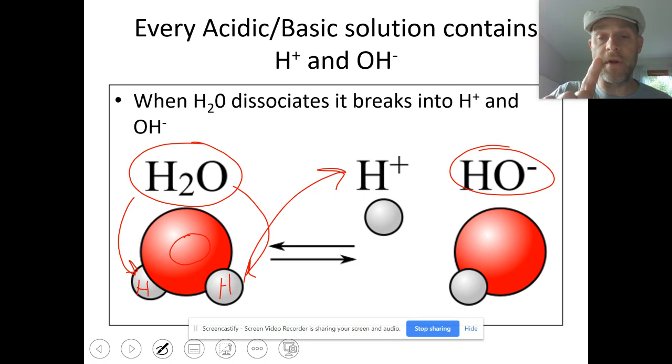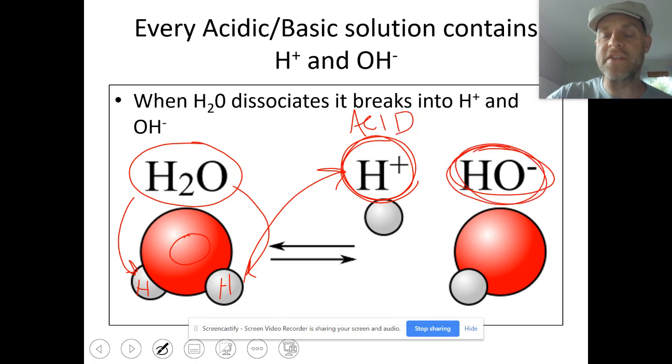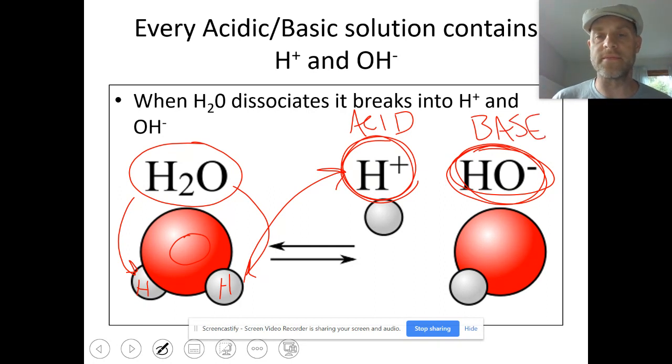Well, remember one of the definitions. A buildup of H plus makes an acid. A buildup of OH minus makes a base. So if those two are equal, H plus and OH minus cancel each other out and they're exactly neutral.